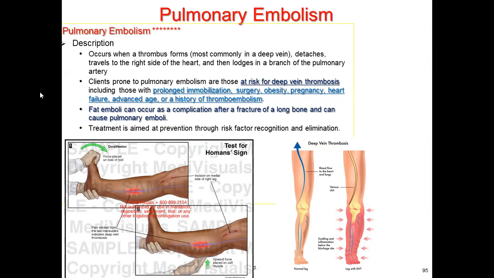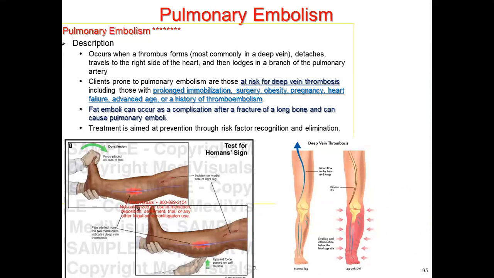Fat emboli can occur as a complication after a fracture of the long bone and cause pulmonary embolism. With a long bone fracture, there is a big chance of fat tissue breaking down and causing fat emboli. Also, the patient may give a history of smoking, oral contraceptives, or immobility.